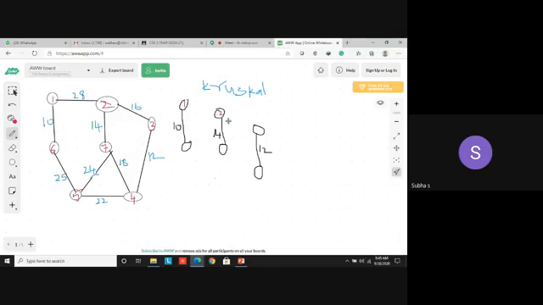Because if any vertex is repeated, you should not do that one. So 6 and 7. At the end, what is the thing you have to check? You have to visit all the vertices, but there should not be any cycle formation. These are the two things applicable for both Prim's algorithm and Kruskal's algorithm.